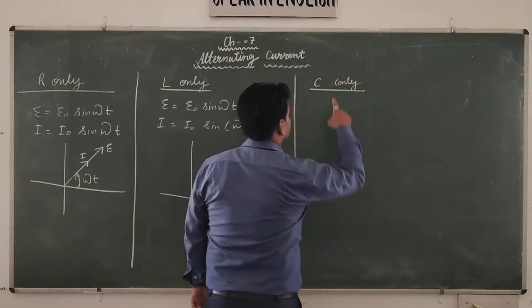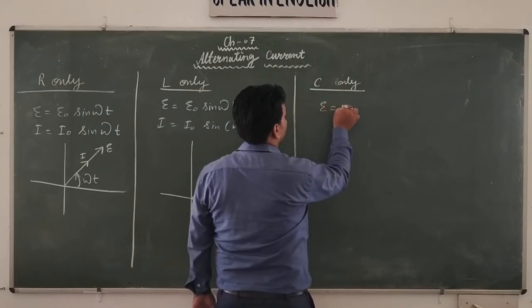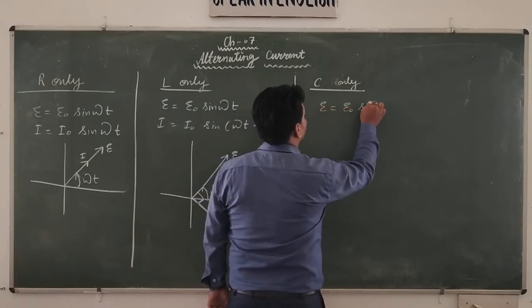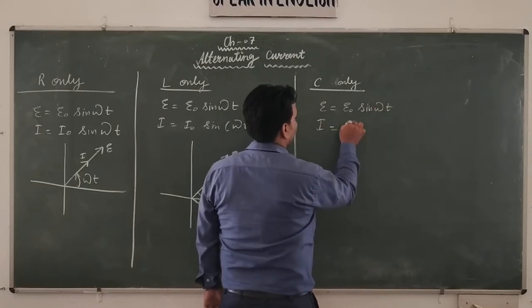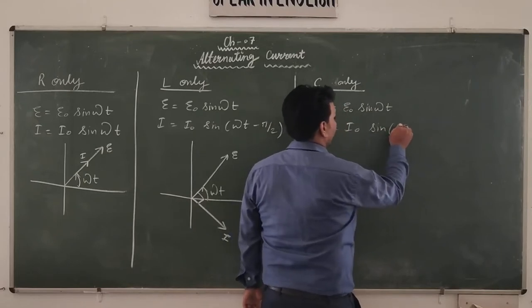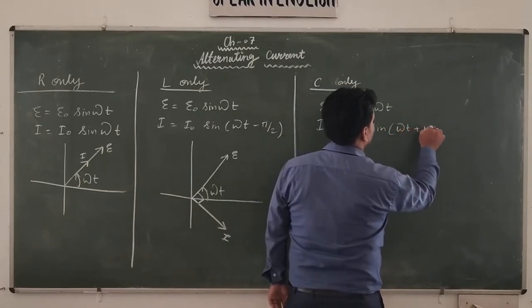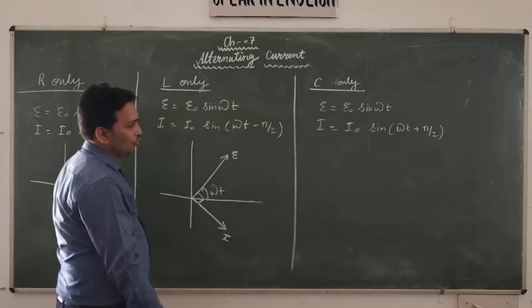Okay, in that case, EMF was E0 sin omega t, but the current was given as I0 sin omega t plus pi by 2. Okay, omega t plus pi by 2.